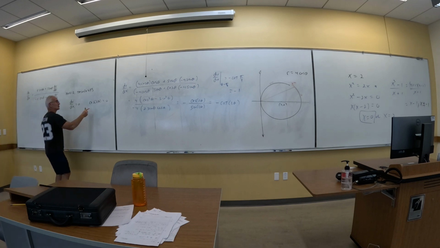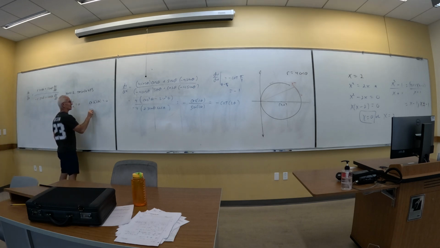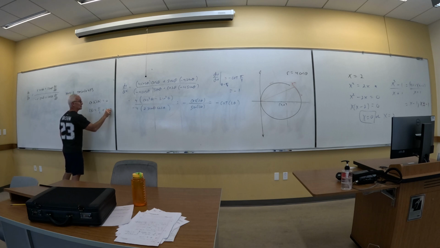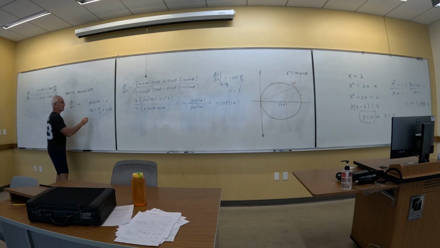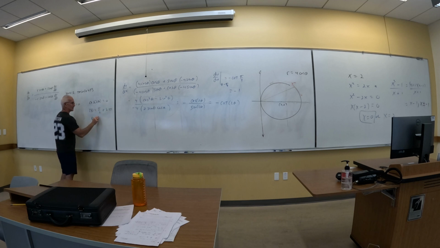So when is this true? Well, this is true whenever 2 theta equals what? Pi over 2 plus k2 pi. Is that a correct statement? Is that true, first of all? So therefore, whenever theta equals, take half of those, pi over 4 plus k pi.